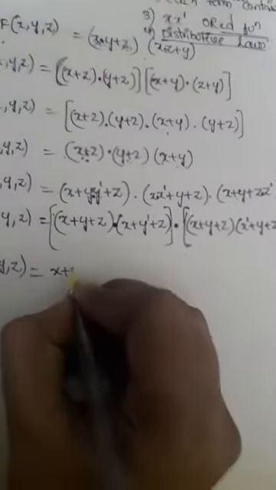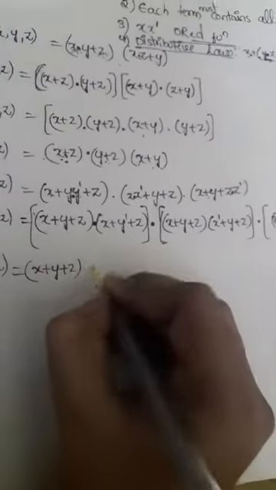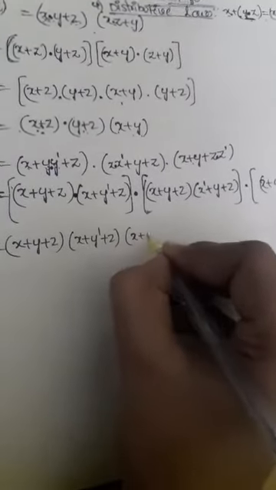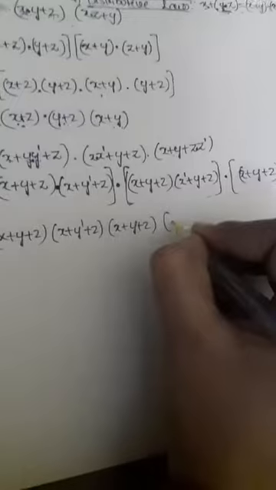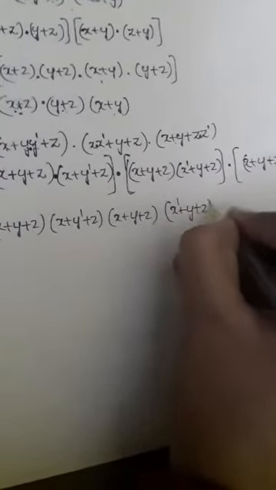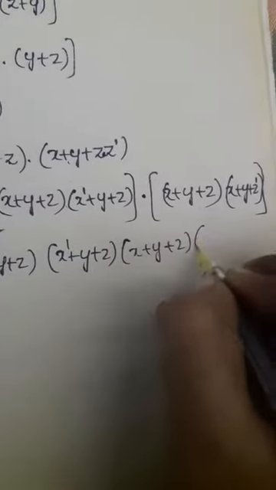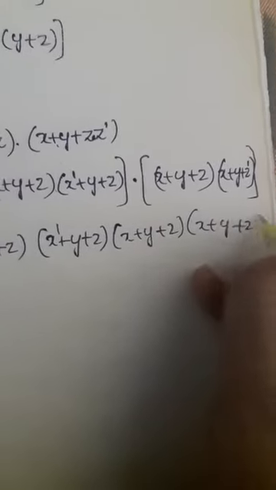Okay, so now simplify this part. f(x, y, z) =, if any term is missing, just replace that. First write all the terms as usual: (x+y+z)(x+y'+z)(x+y+z)(x'+y+z)(x+y+z)(x+y+z').